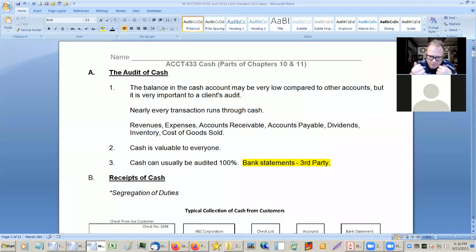Anyone will value cash, anyone can readily use it, and also we can a lot of times audit it at 100%. So for that reason, a lot of times we spend a lot more time on cash than the balance would normally dictate. So cash is a really important part of the audit.